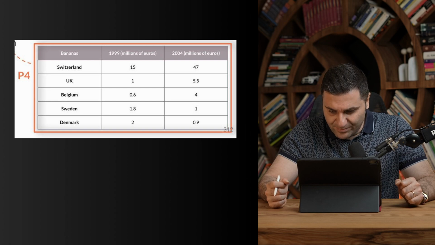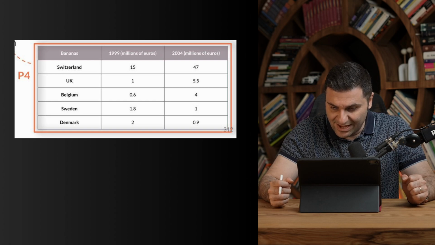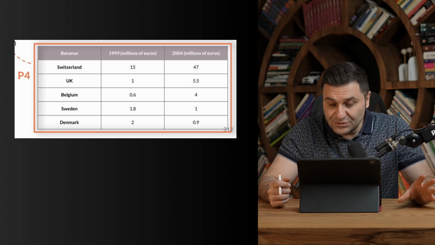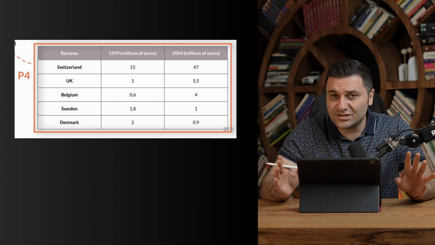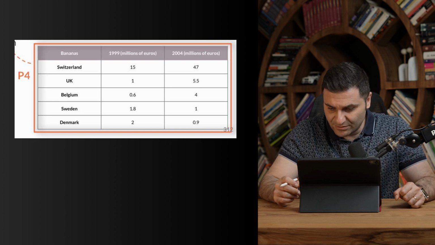All right, now let's talk about bananas. As you can see, for bananas, the highest or the most profitable country was Switzerland, right? Again, that was Switzerland. And it increased to 47. In 2004, again, Switzerland was the most profitable country regarding bananas.